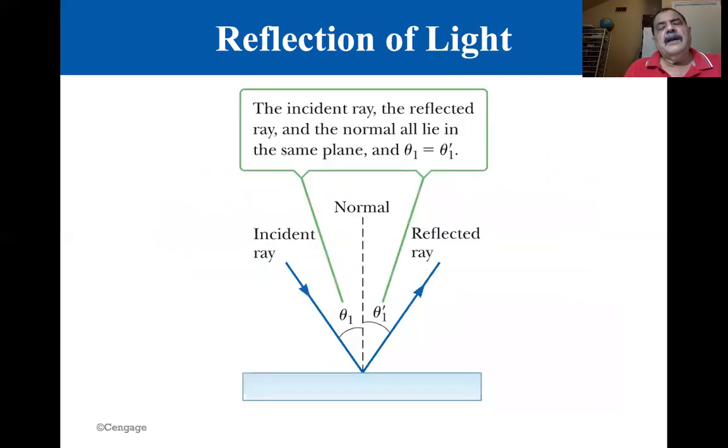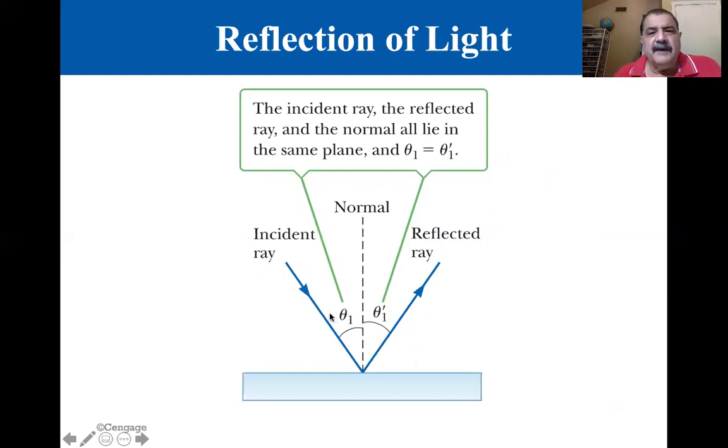Now, I exposed you to this a little bit at the beginning. This is the law of reflection. The incident ray, the reflected ray, and the normal all lie in the same plane, and theta 1 equals theta prime 1. Remember at the beginning they showed you a light coming in at 60 degrees, and the reflected ray was at 60 degrees.